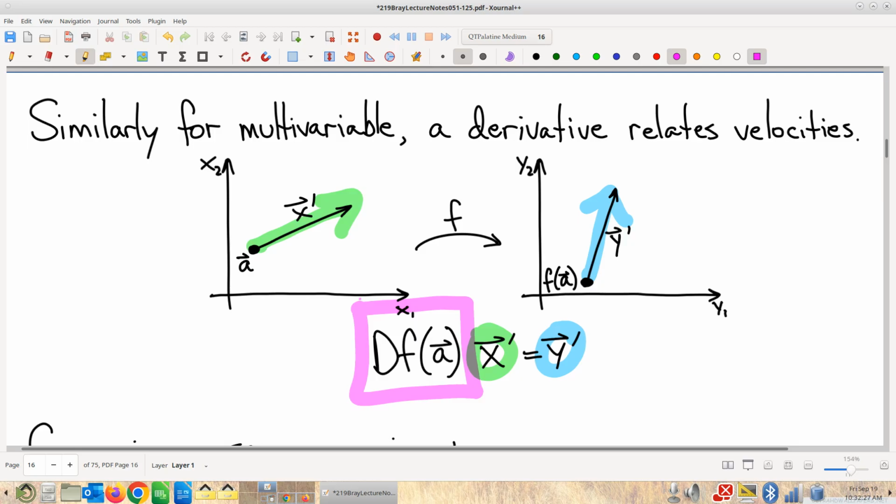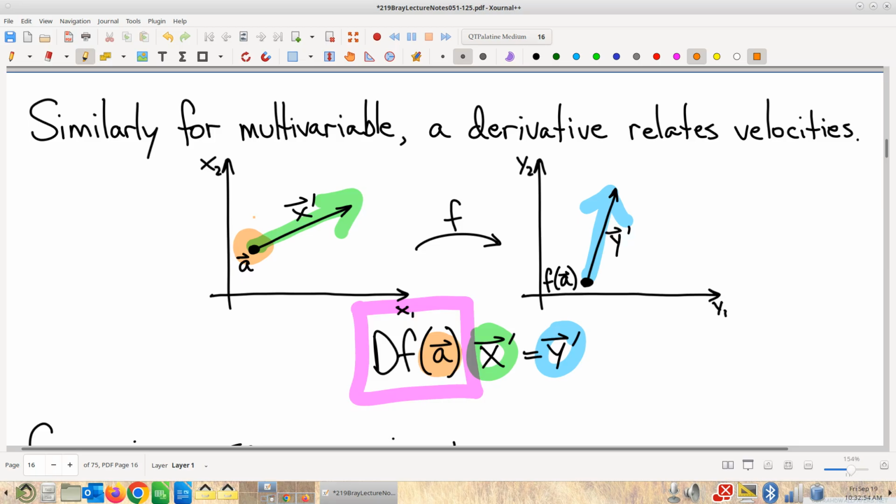Partials are functions. We need to evaluate this somewhere. Where do we evaluate? Well, if you look back at how we set up derivative matrices, it gets evaluated at the point in the domain from which you are moving with whatever your input velocity is. It gets evaluated wherever you are, is the short version.